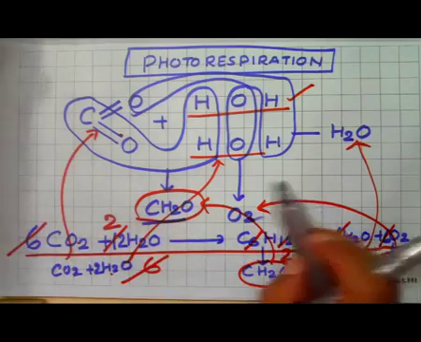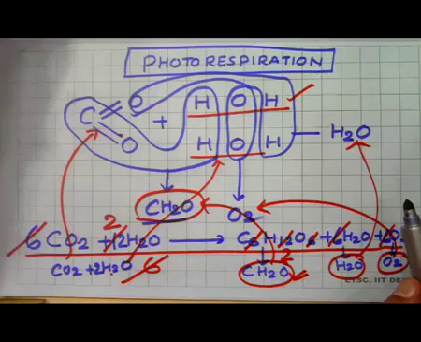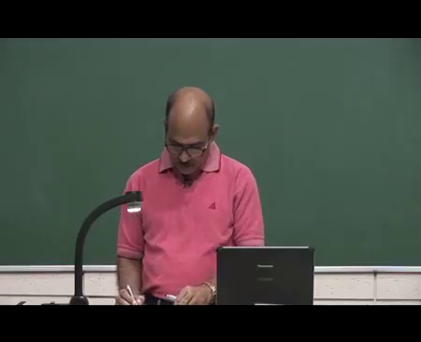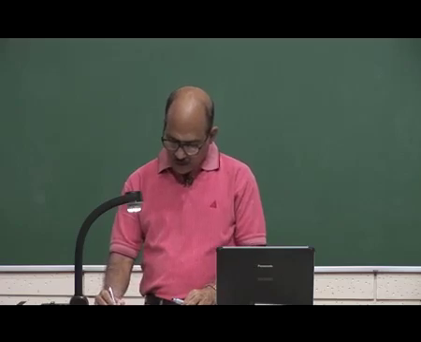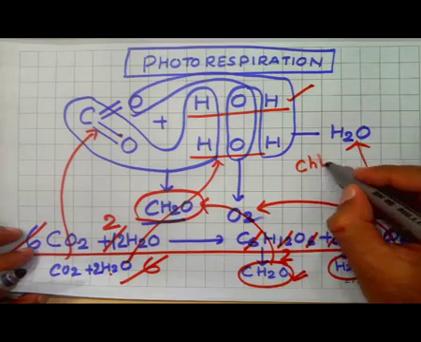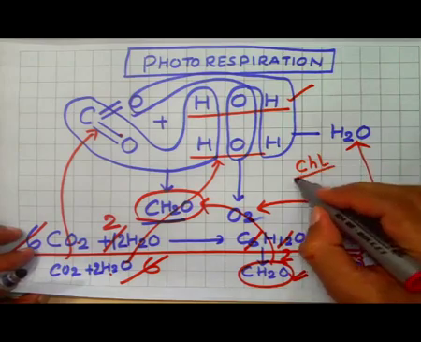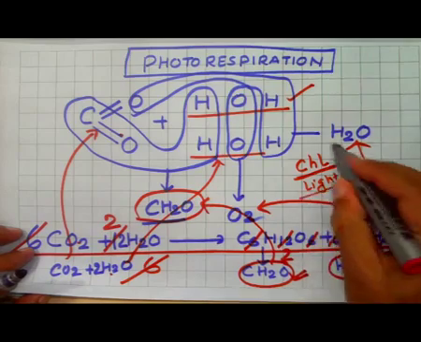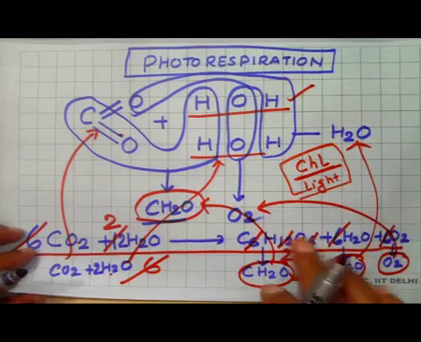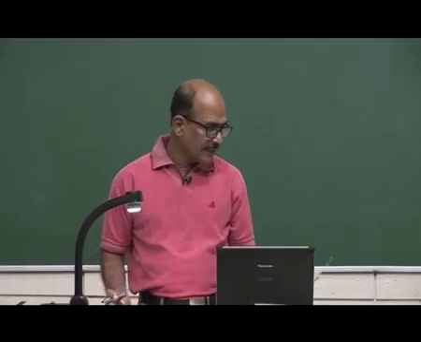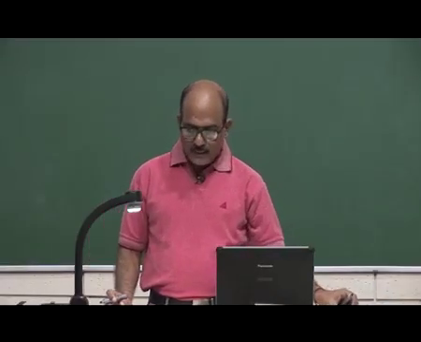Now, this entire process requires chlorophyll and light, these are the essentials. Now, the rate of photosynthesis depends upon the light intensity.